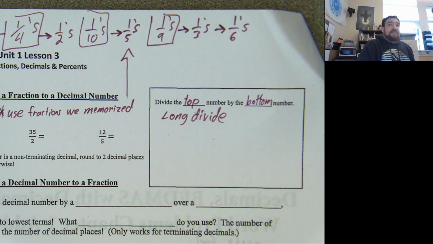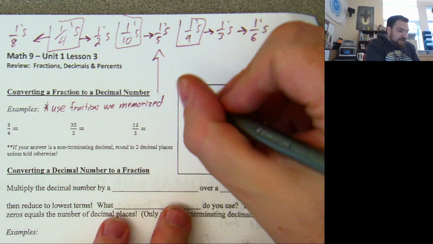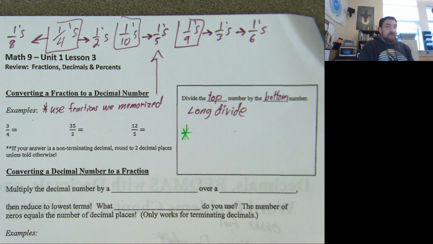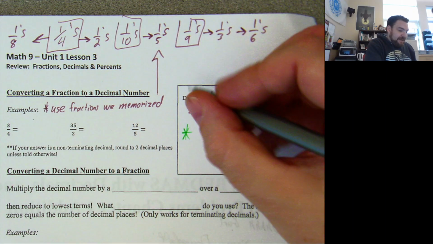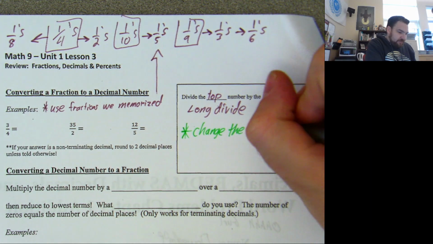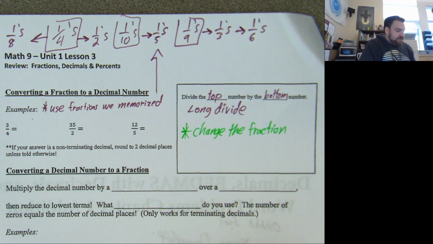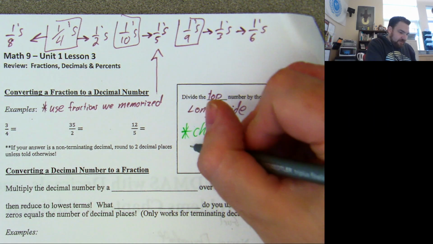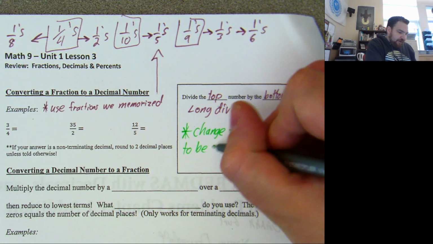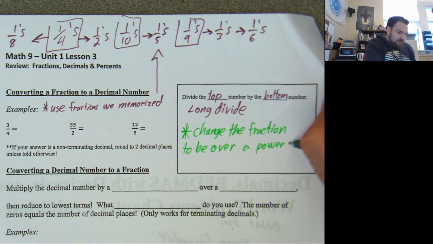But there's another technique here that we looked at a little bit already, and we're going to look at again today. If you can, it can be convenient to change the fraction, and this is going to lead us to percentages. Change the fraction to be over a power of 10.